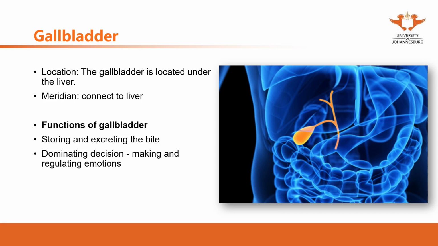So the formation of the bile relies on the liver qi. In this case, the liver qi and the gallbladder are closely related together, and the excreting of the bile by the gallbladder is a kind of movement that's very similar to the other movements of qi and blood.